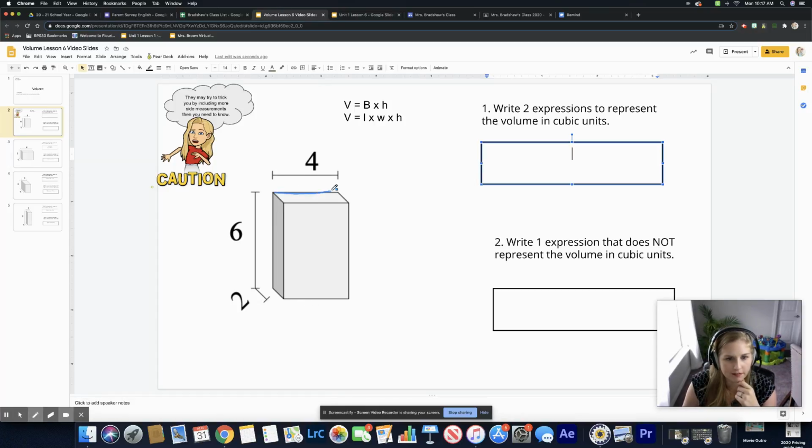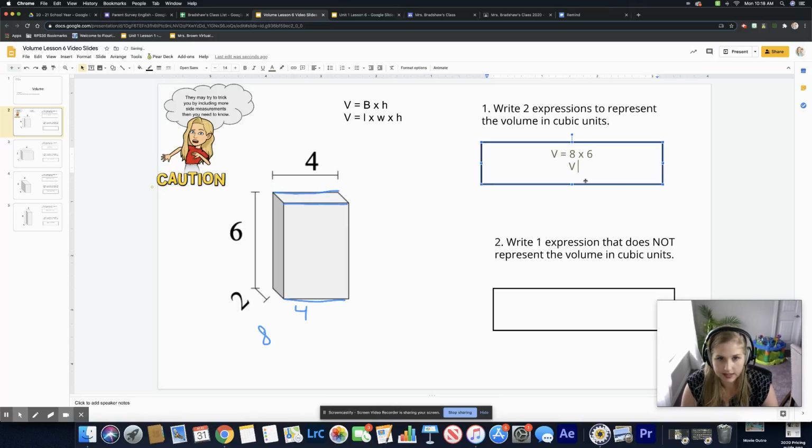Well, I know that if this is 4, then this is 4, which means this here is also 4. I can now find out my base. 2 times 4 is 8. So I can say volume equals 8, base, times height, which is right here, which is 6.